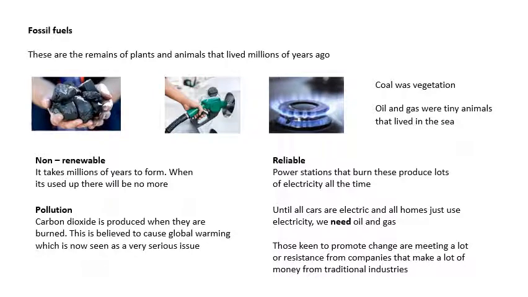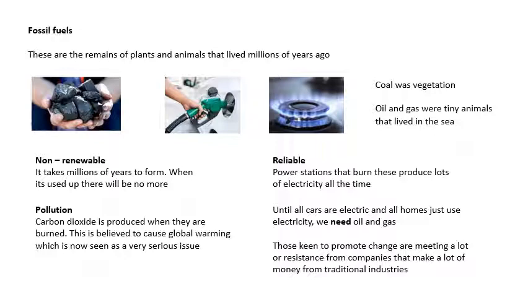Now, fossil fuels, a fossil is like the remains of a plant or an animal that you dig up out of the ground. And that's what coal, oil and gas is. They are the remains of plants and animals that lived millions of years ago. Coal used to be vegetation.